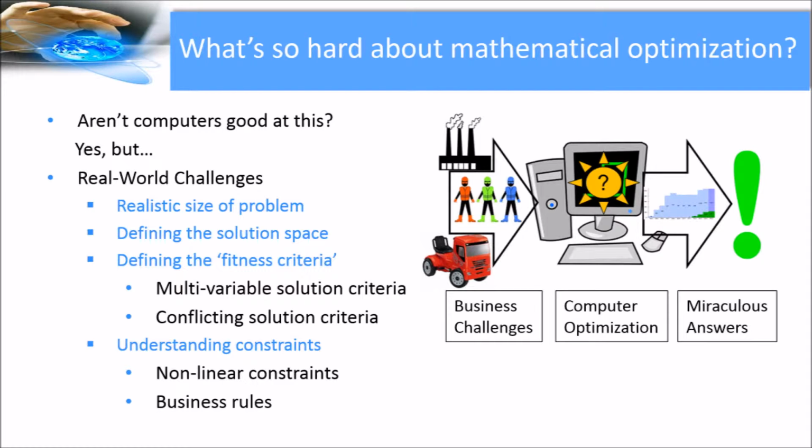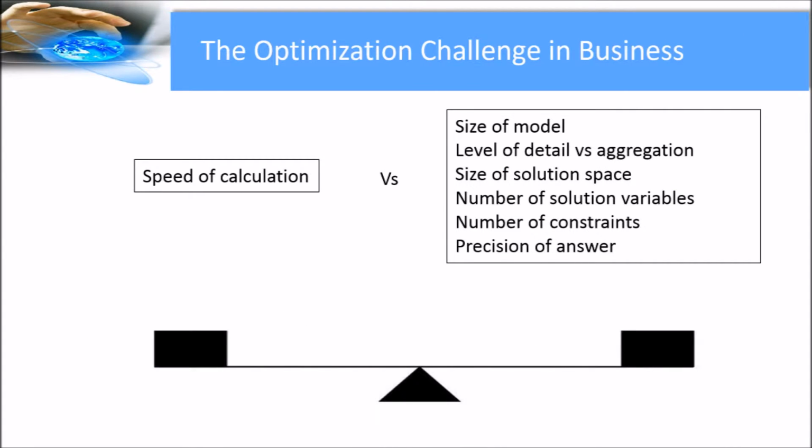Yes, computers are super awesome and good at math, but the problems are still hard. And you can't just dump data into the model and expect magic answers. That's why our ability to model the business and to help determine what you're trying to get out of the optimization is so valuable.